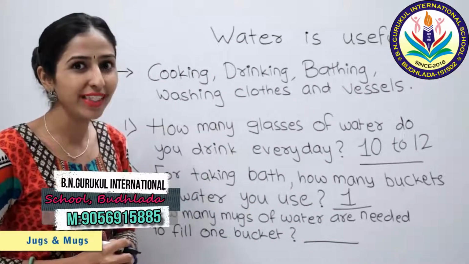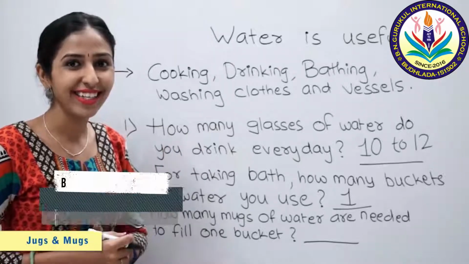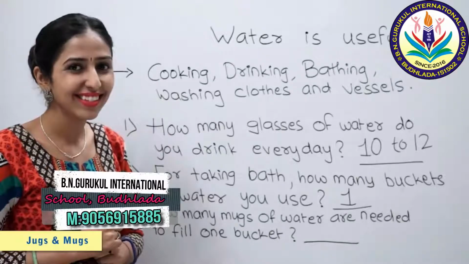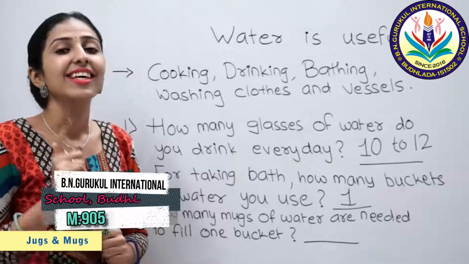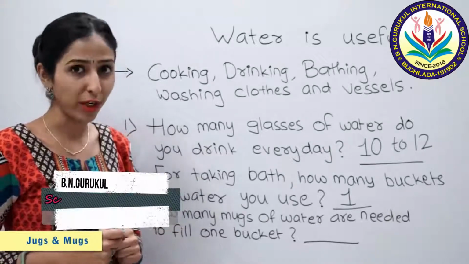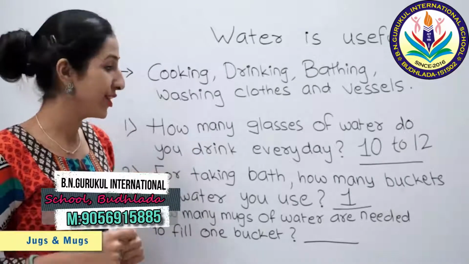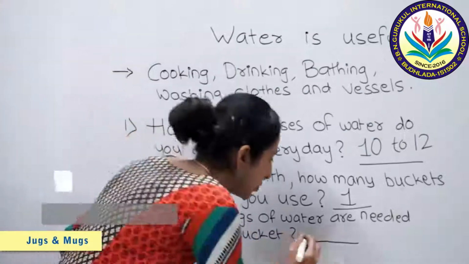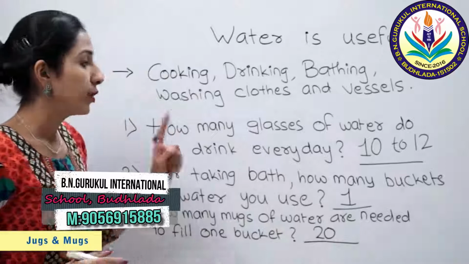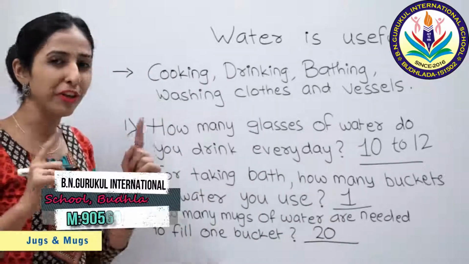Now tell me, students, how many mugs are needed? Think and tell me. Right, we require around 20 mugs of water to fill 1 bucket. So, let's write 20. 20 mugs of water to fill 1 bucket.